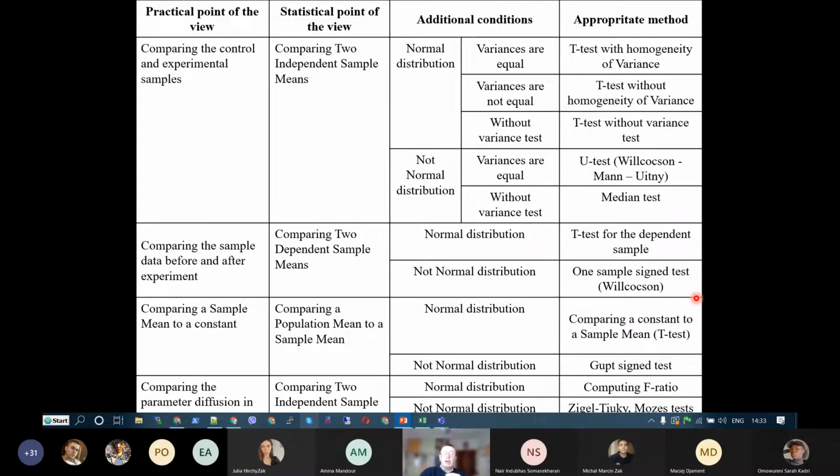Then you also have to explain: okay, there is no statistical difference in means. What does it mean in reality? If we compare two treatment methods or two medicines, it means there is no difference which one I take. The result will be the same.